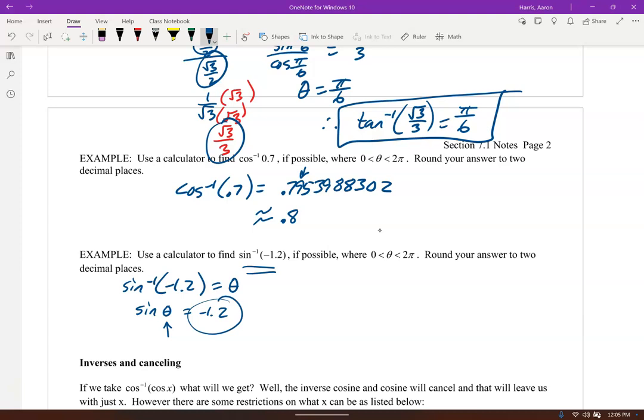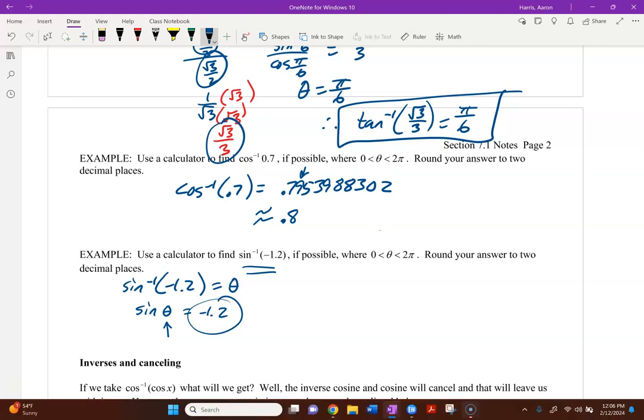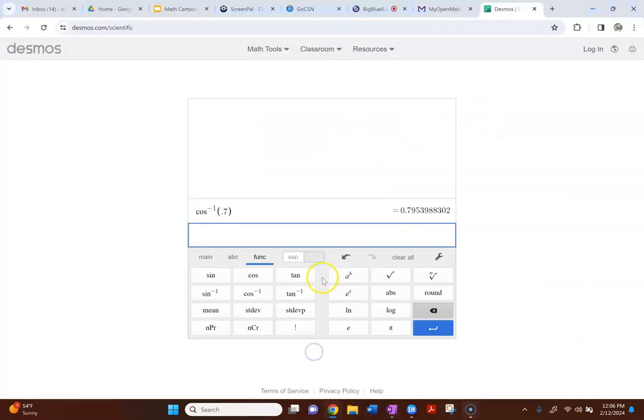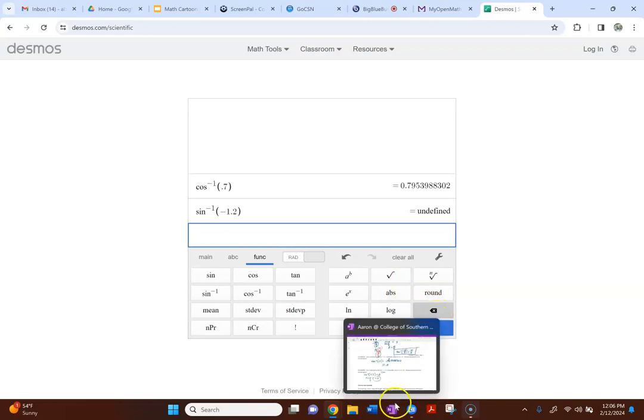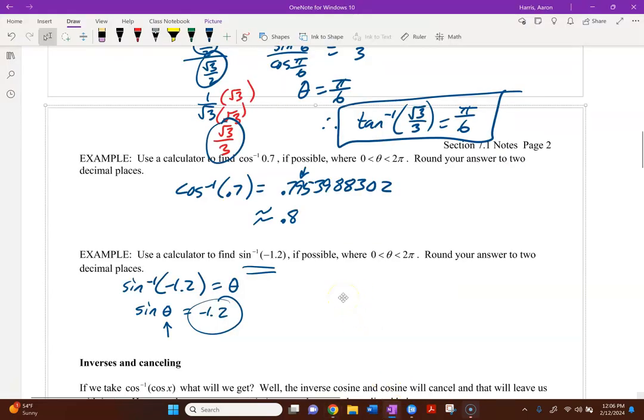We don't have the sine of anything giving us something less than negative 1. So when you punch this in, you're going to see that this doesn't even have a solution. The arc sine of negative 1.2. Your calculator is smart enough to notice that it's undefined. There is no solution to that, right?